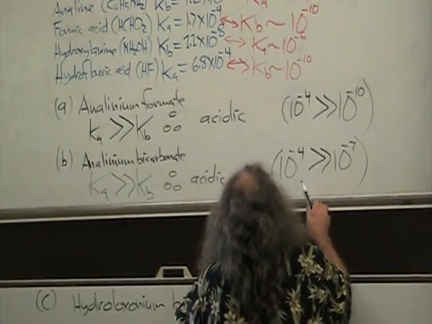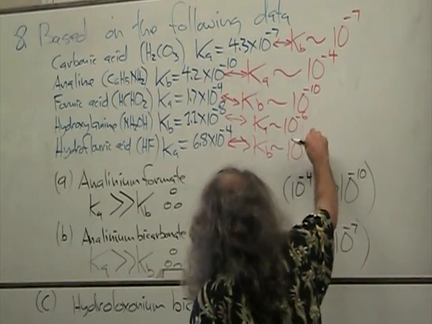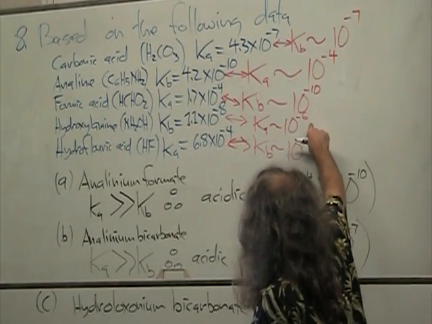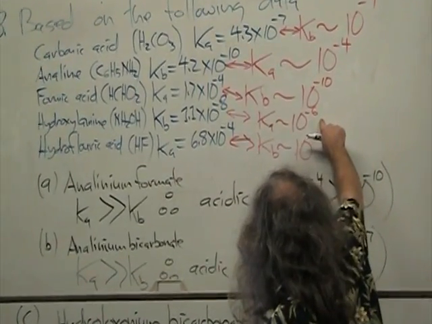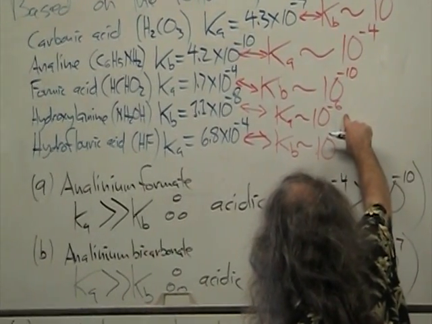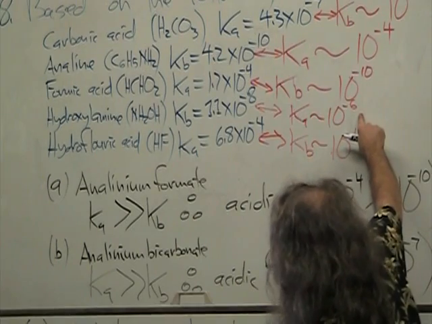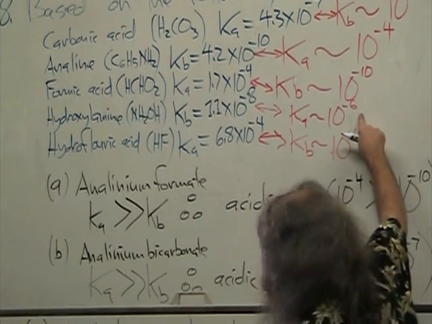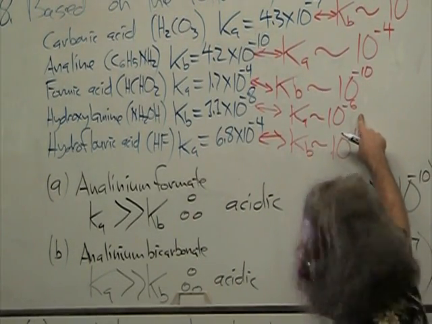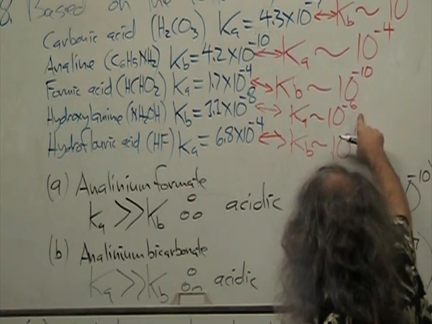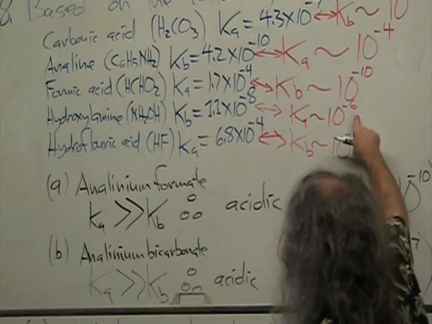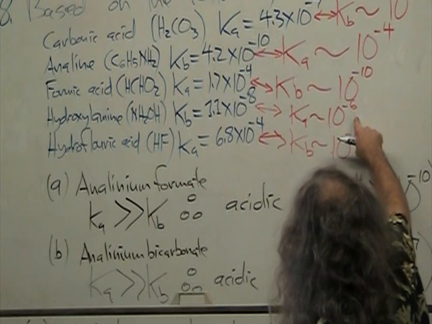The conjugate acid of hydroxylamine, hydroxylonium, is 10 to the minus 6 for the Ka.